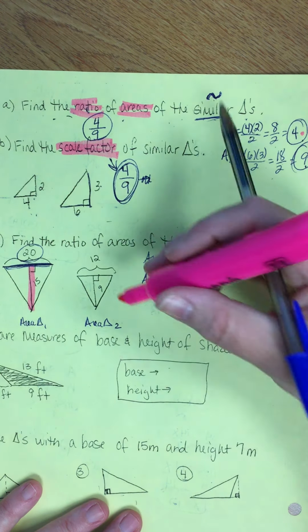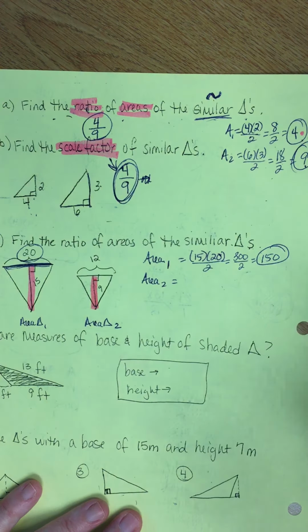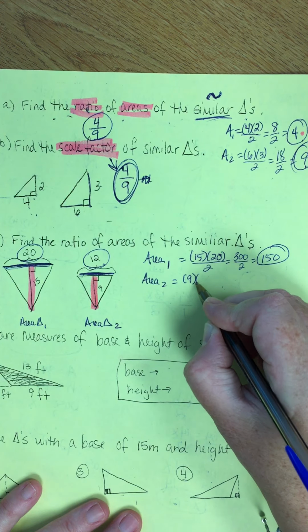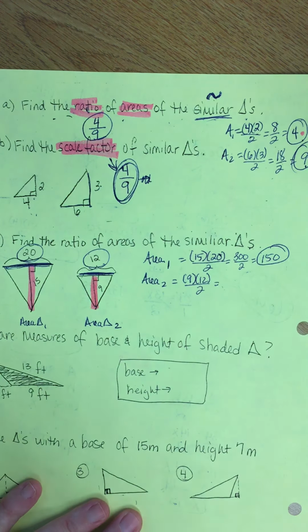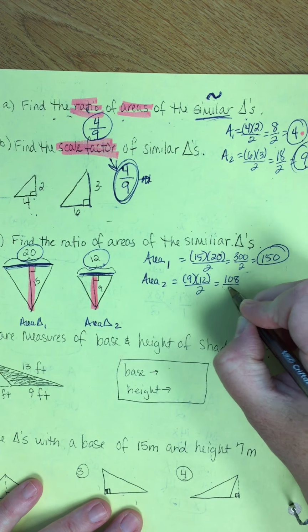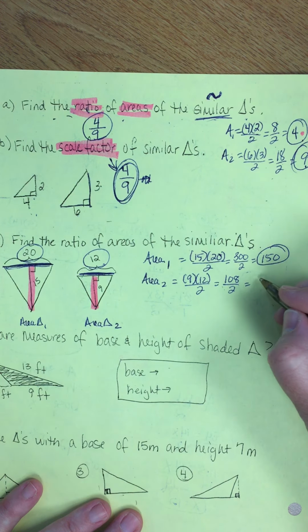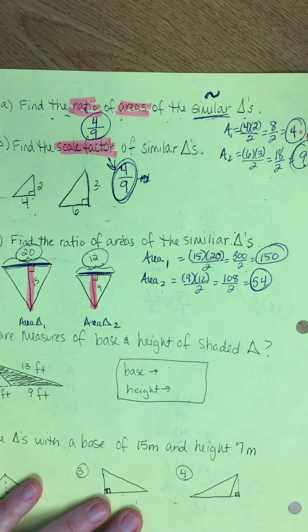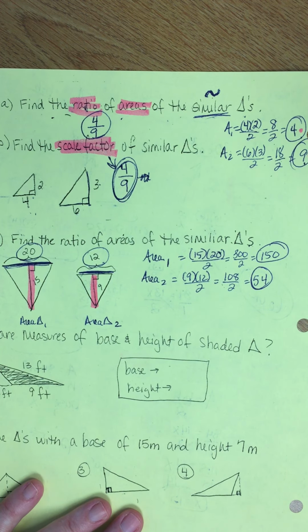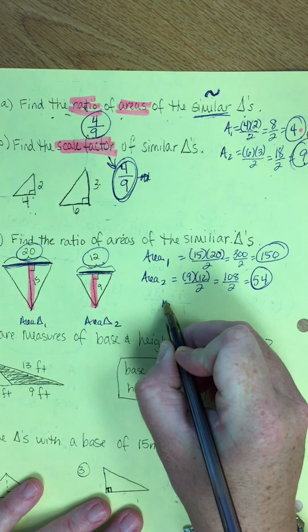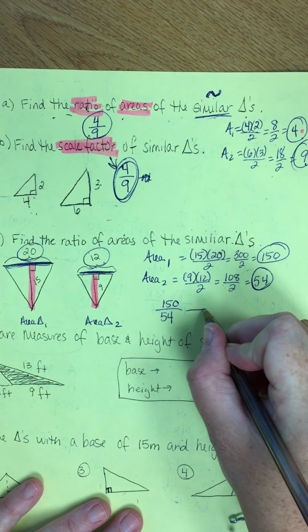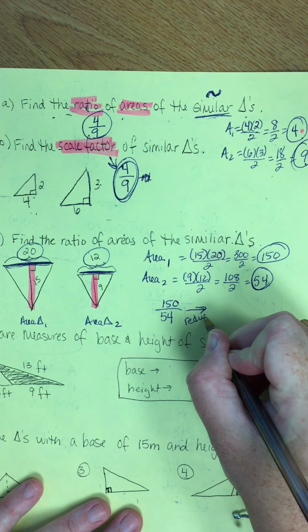The second area, it looks like my height is 9 and my base is all of 12. So it would be 9 times 12 divided by 2. And 9 times 12 is 108, over 2, you get 54. So let's find the ratio of the areas. The ratio of the areas is 150 over 54. And we would reduce.